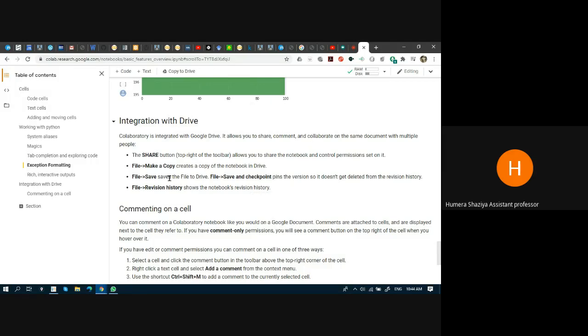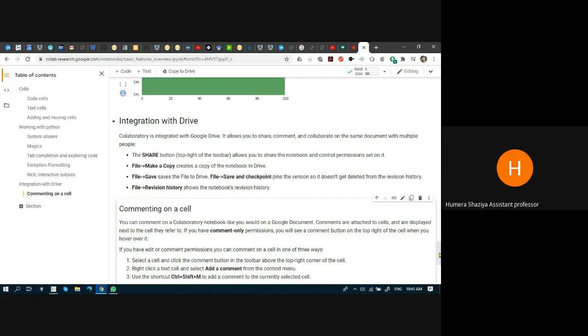It's known as Jupyter Notebook. You can comment on a cell. You can add a comment by clicking the comment button here in the toolbar, and you can right click a text cell and select add a comment, or you can use Control Shift M to add a comment.